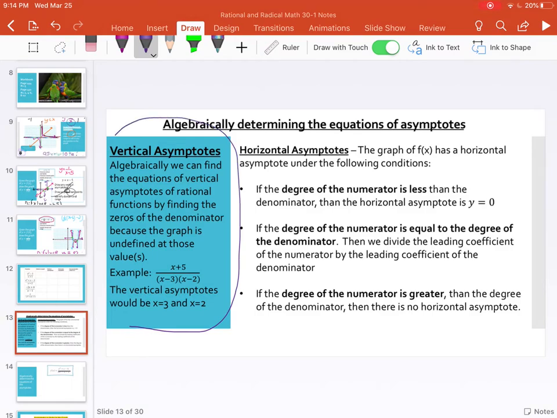And then it gives you an example there. So here in this example, we see the denominator is x minus 3, bracket x minus 2. So vertical asymptotes are really any factors in our denominator that don't cancel out. Okay, so it's easiest to find vertical asymptotes when your rational expression is in factored form.